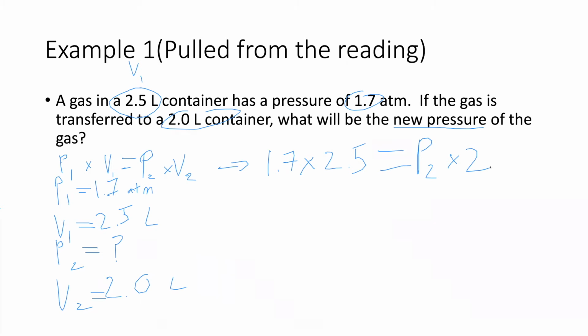We're trying to solve for our unknown, which is P2. So what do we do? We first multiply 1.7 times 2.5. That should be easy. You do 1.7 times 2.5, which should give you 4.25.